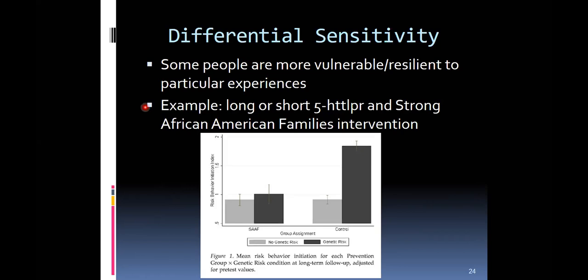So to set this up, they discovered there is a particular gene. It's called the 5-HTTLPR gene. This gene has to do with transporting this neurotransmitter, this chemical in the brain called serotonin.